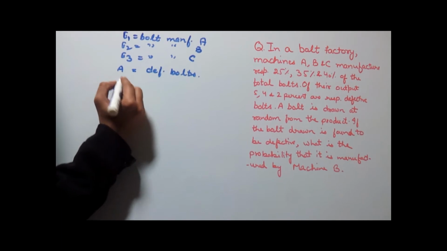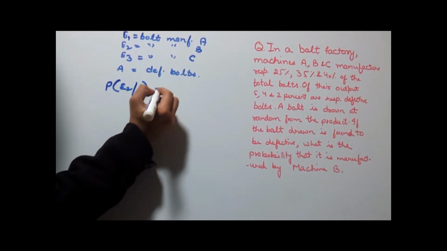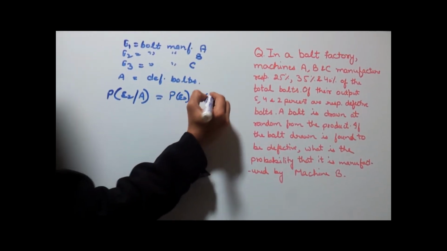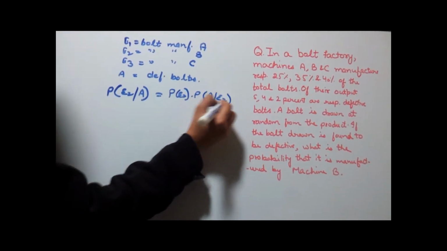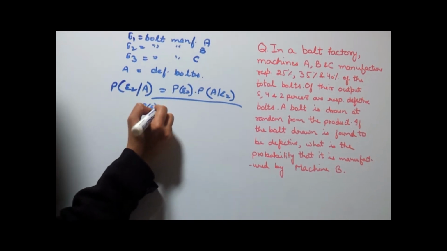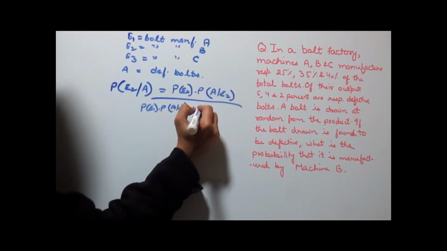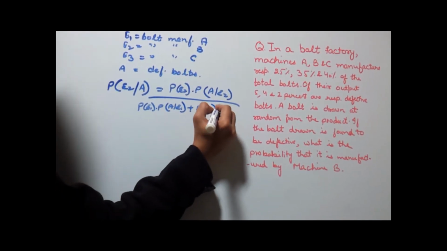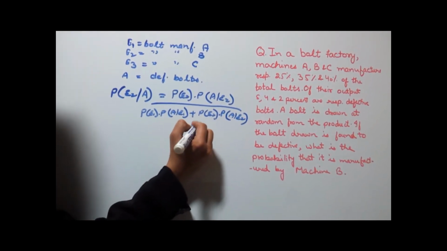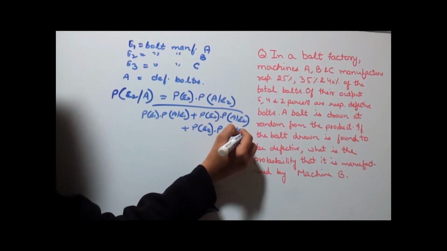We need to find the probability of E2 given A, which would be equal to probability of E2 into probability of A given E2, divided by probability of E1 into probability of A given E1, plus probability of E2 into probability of A given E2, plus probability of E3 into probability of A given E3.